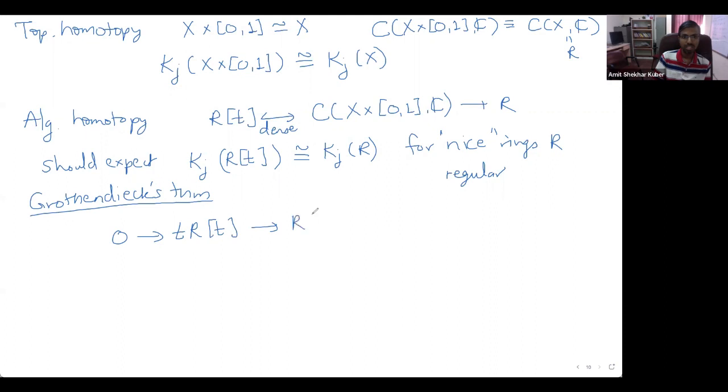You can check this: it is a split exact sequence, with T mapping to 0. This splits, and the splitting is simply the inclusion.